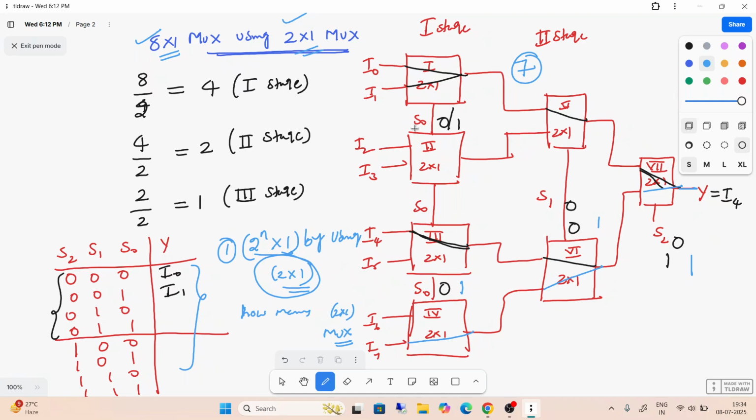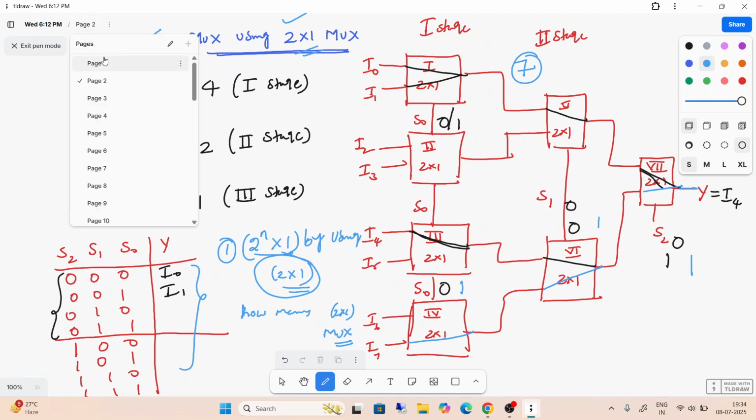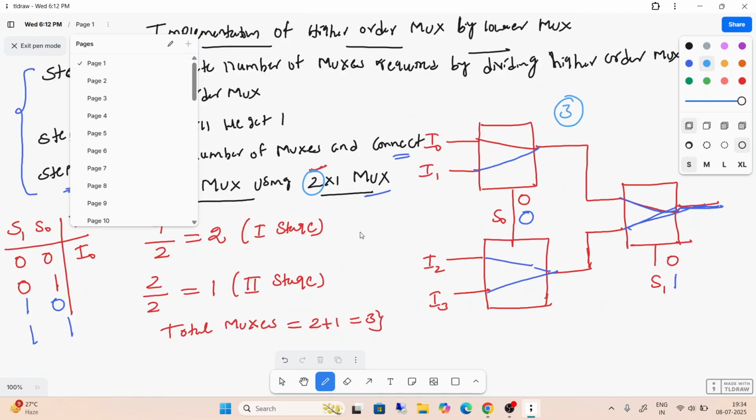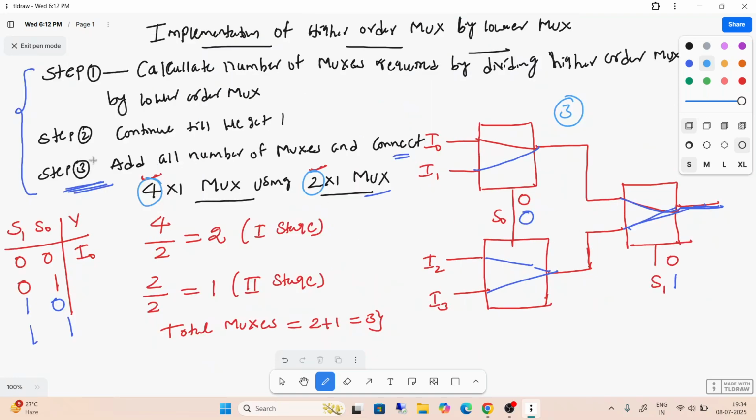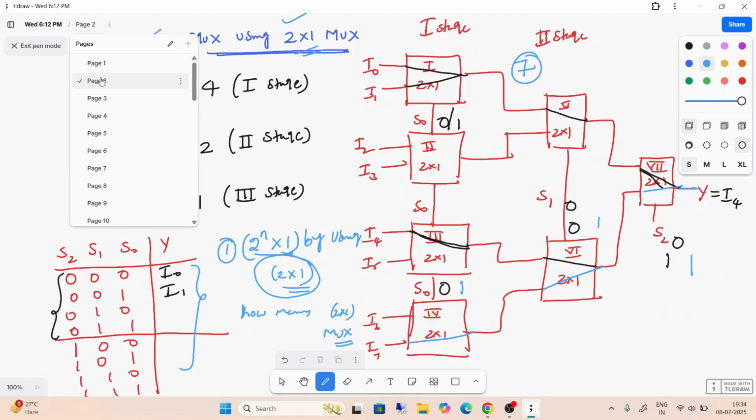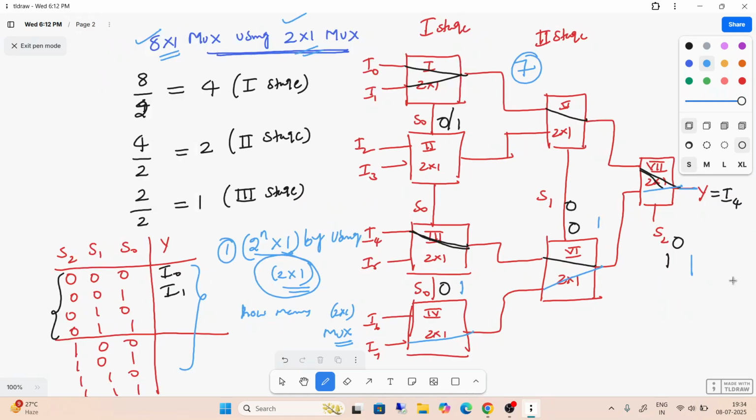See here, the concept itself is there. Suppose I implemented 4x1 MUX by using 2x1 MUX, 3 are required. Here I implemented 8x1 MUX by using 2x1 MUX, and you got 7.